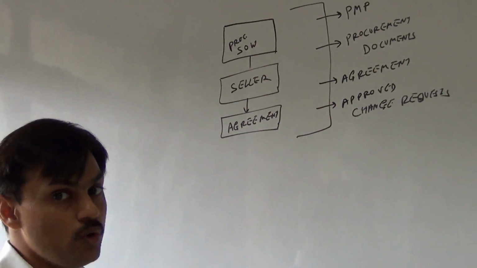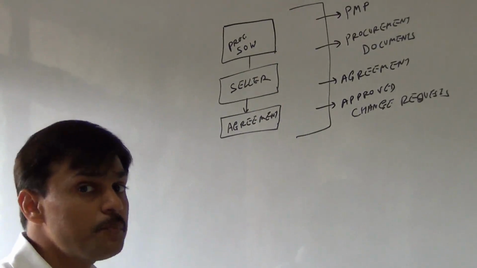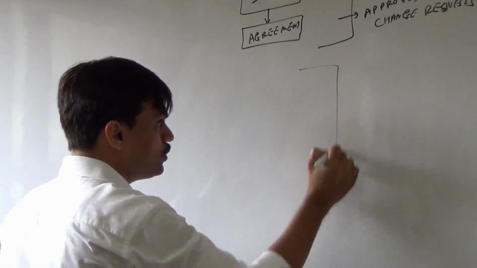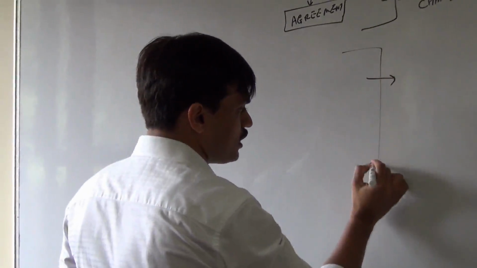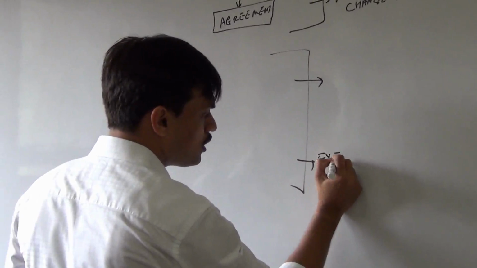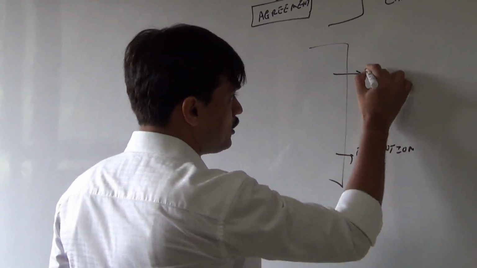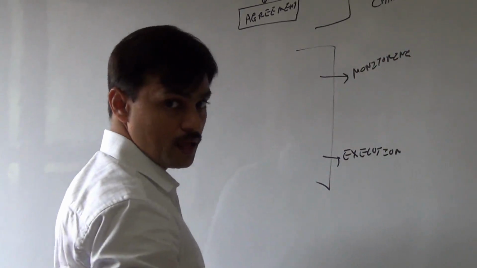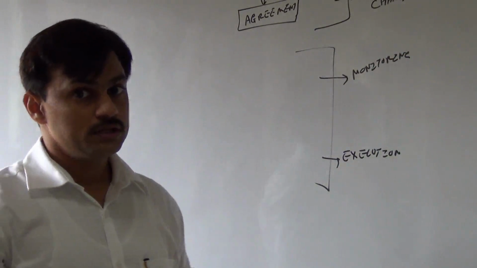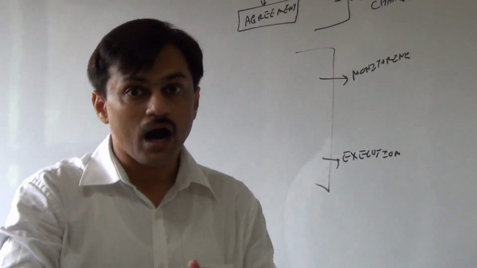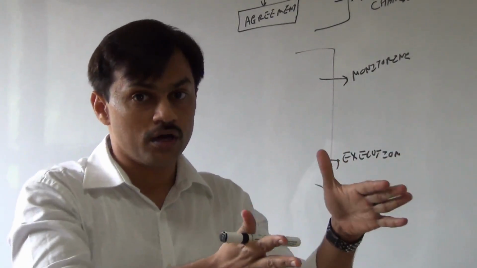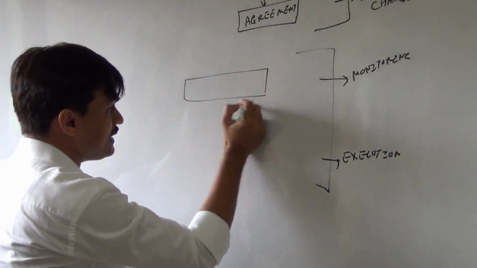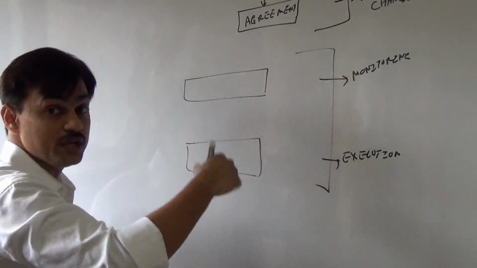Now we need to look into what is getting done, the input which is coming from execution and monitoring processes. So we need to look into a process which can give us execution and monitoring information. Now we should remember that buyer and seller are executing the procurement work in collaboration, and their processes interact during this execution.